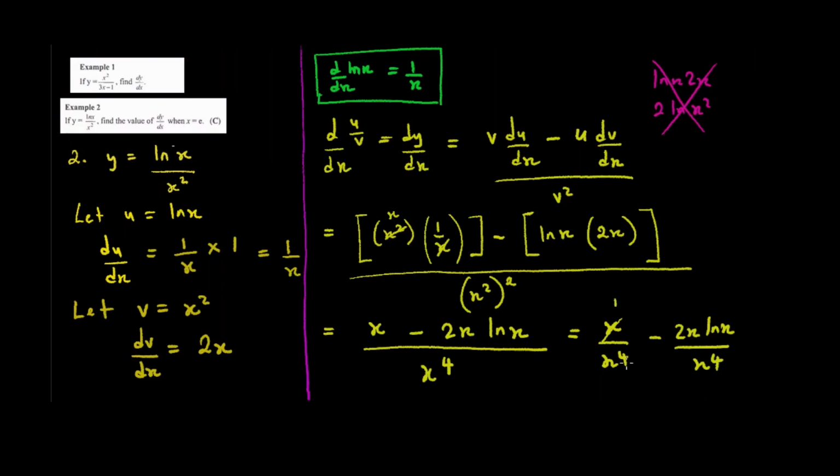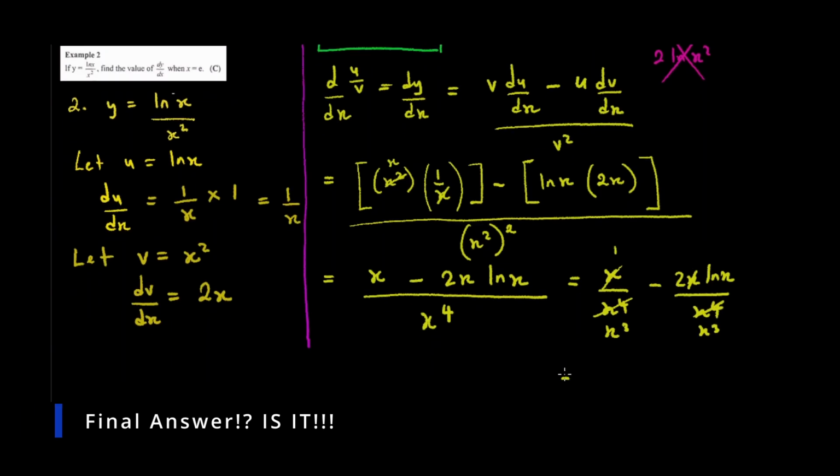Here x over x to the 4 becomes 1 over x cubed, the x cancels with an x from x to the 4. Meaning your final answer here is going to be 1 over x cubed subtracting 2 ln x over x cubed. This x and this x cubed are not related. So that would be your final answer.